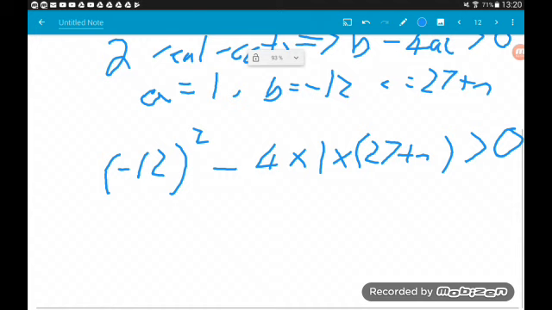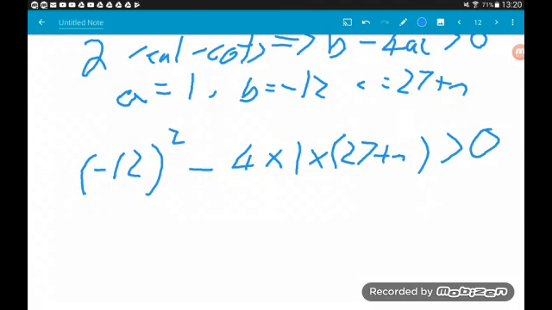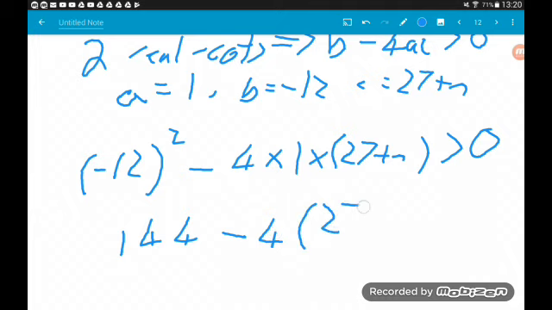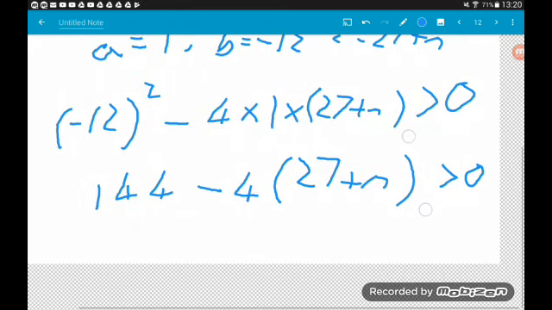Okay, alright then. Minus 12 squared is 144. Then we got minus 4 times 1, which is just minus 4. So we got minus 4 lots of 27 plus M, like that. Now that is still greater than 0.